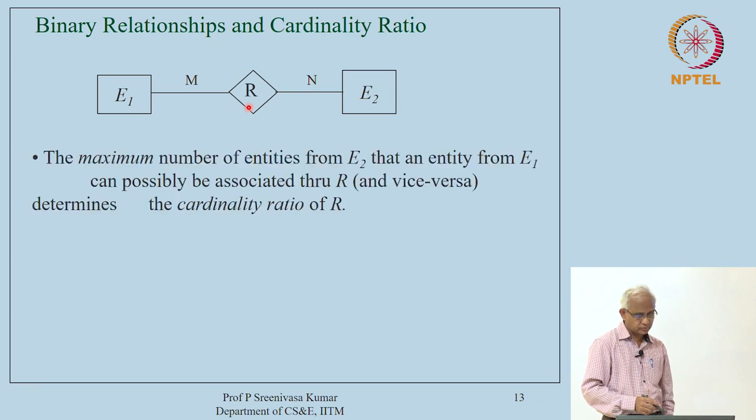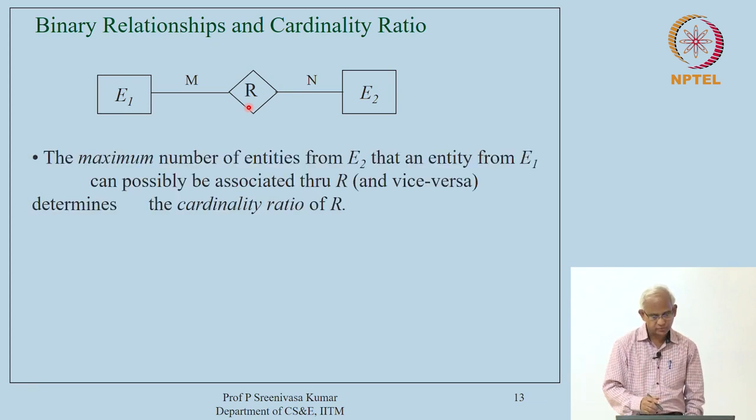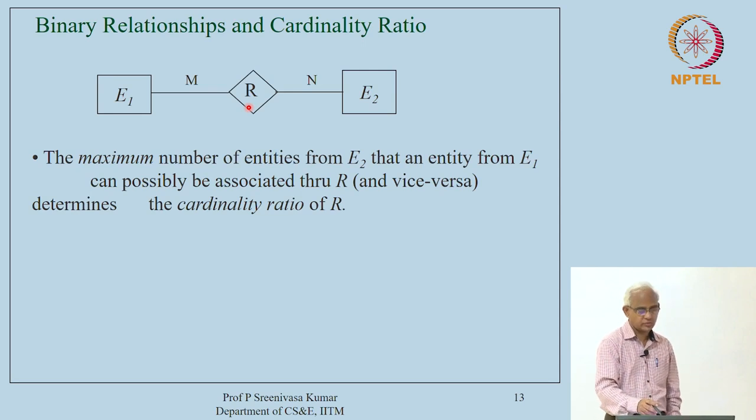So, what is the maximum number of entities from the E2 side that are associated with E1, and vice versa, determines the cardinality ratio of this relationship R. Usually four different kinds of cardinality ratios are used to model the different possibilities of these associations.